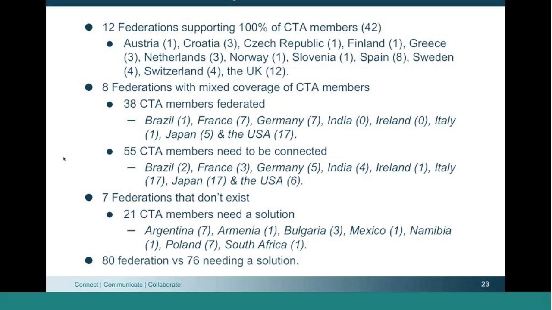So the question here becomes one of how can this VT help accelerate the connection of all those members who are out there? How can we help do that? And I guess for the VT as a whole, how important are these unconnected members to us, and do we need to prioritize them?